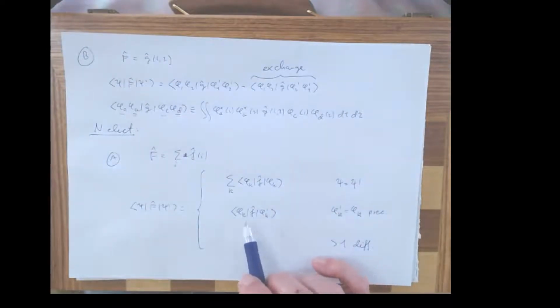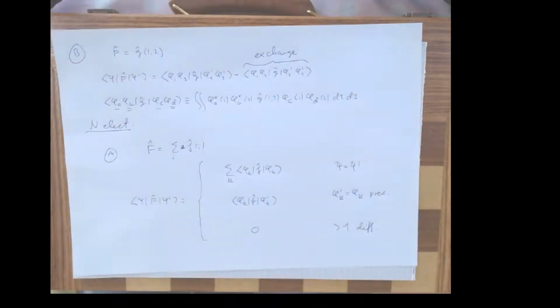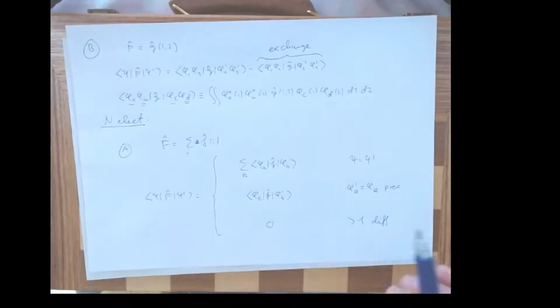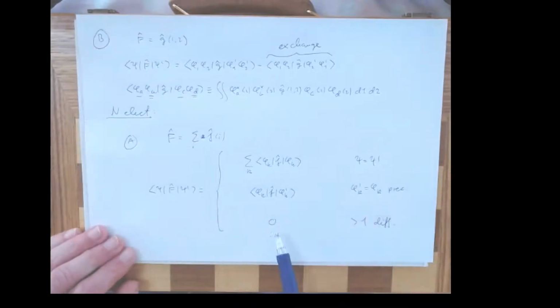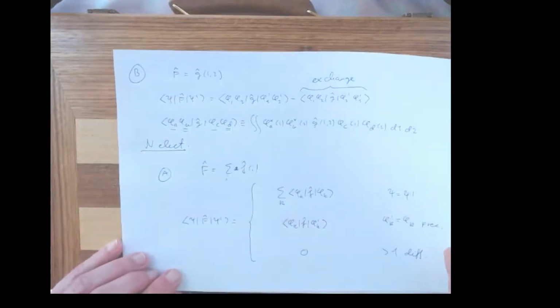So there's only one term surviving in that particular case. F must be between K and K prime. And then, of course, down here I will still get 0, because if I have a sum of one-body operators, then I cannot cure more than one orthogonality. So if there are more than one, I will always get 0. So that's the generalization to an arbitrary number of electrons if I have this sum of one-body operators.